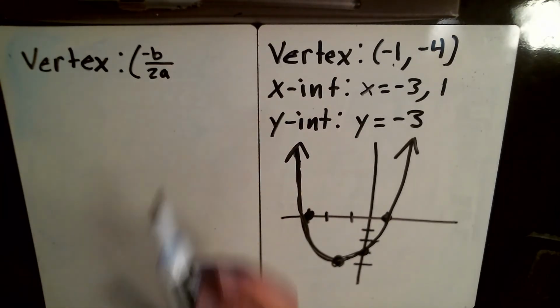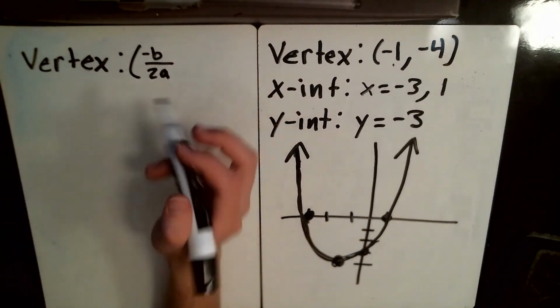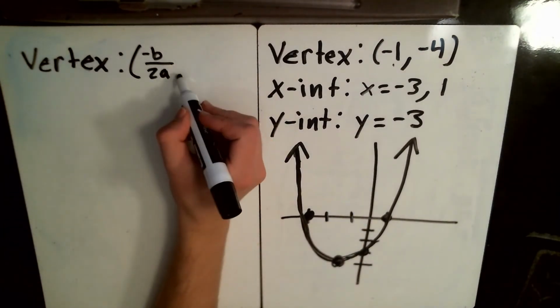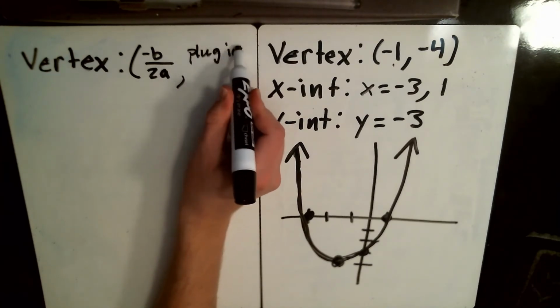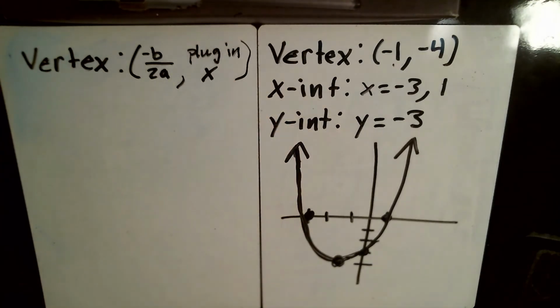But if it's in this kind of expanded out form, you need to do -b over 2a and then plug in the x to get your y. That's how you get your vertex.